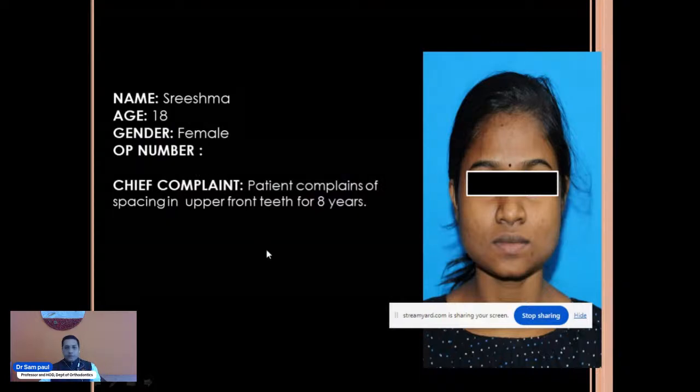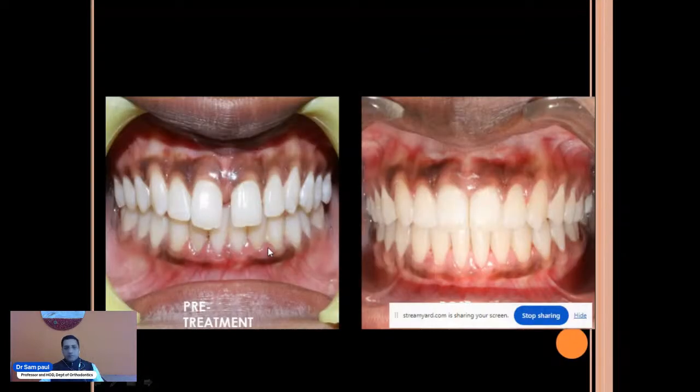Another patient, Shrishma. She complained again of spacing in the upper front teeth. In this, the midline diastema, I hope you all are familiar with that word, midline diastema. The main cause of the midline diastema was the frenal attachment.